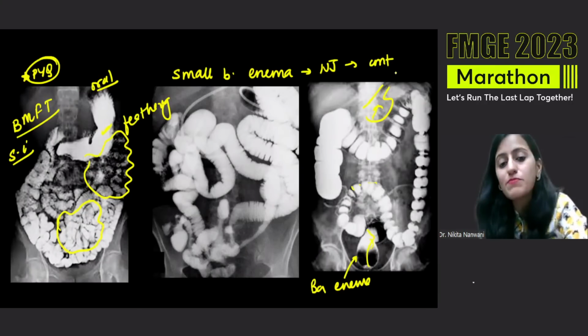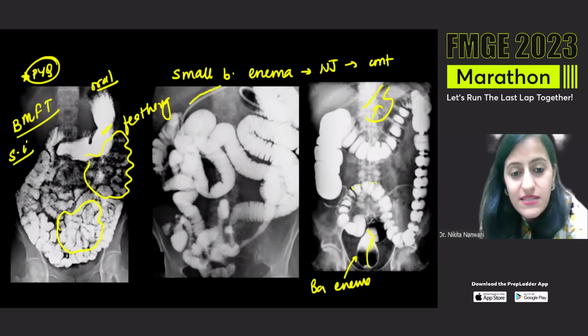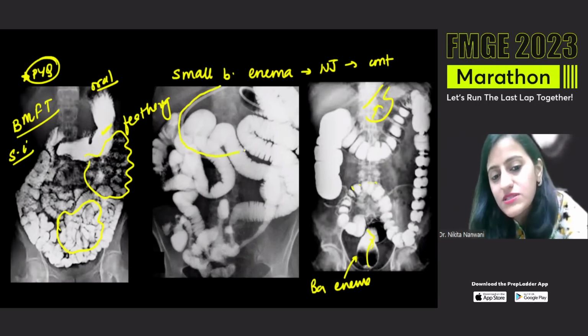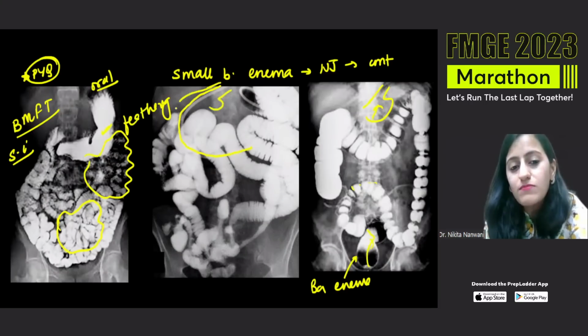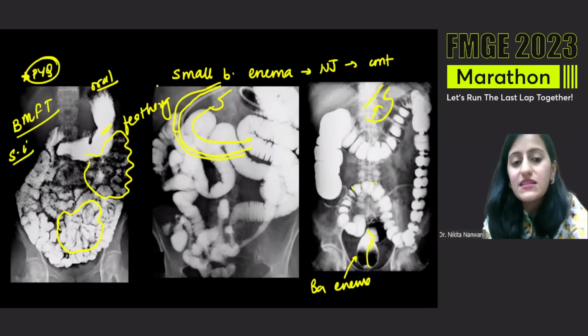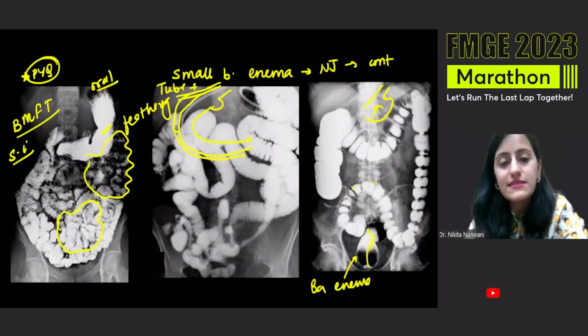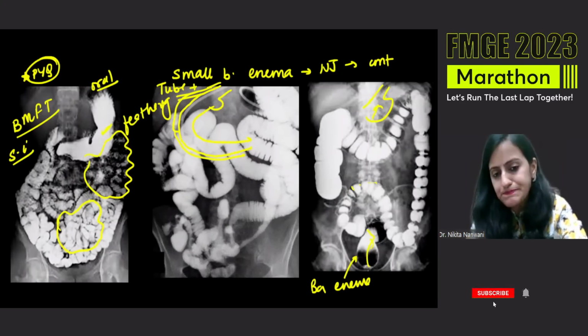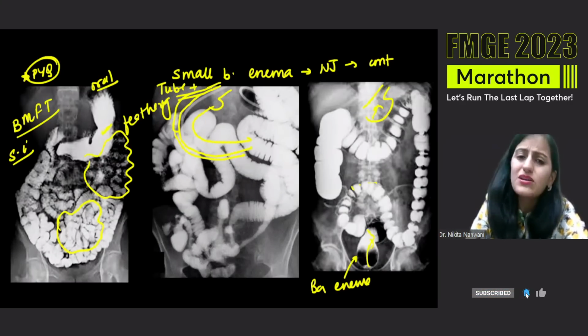The contrast will not be in the stomach. And you would see this tube-like structure here. You would see the tube coming like from the stomach into the duodenum, into the jejunum. So if you see the tube is present, then it is enteroclysis. Generally, we don't do enteroclysis now.